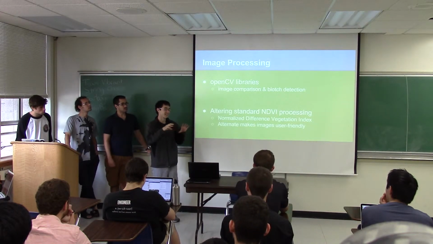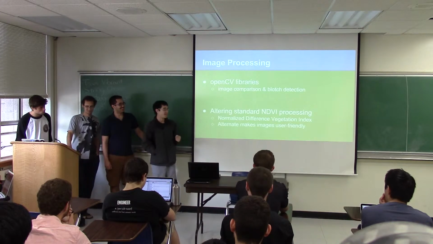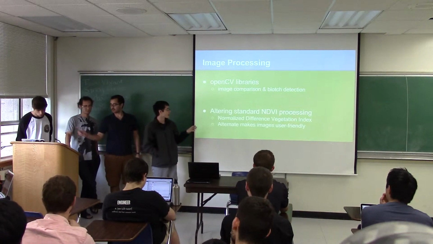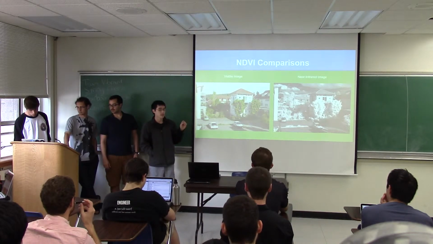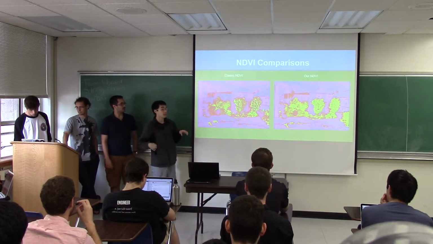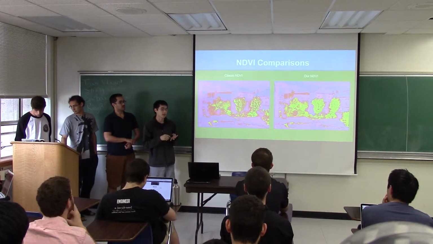So you're looking at your field and everything is red, and you think, oh no. So we changed that to use one that goes from green, yellow, red, magenta, blue.